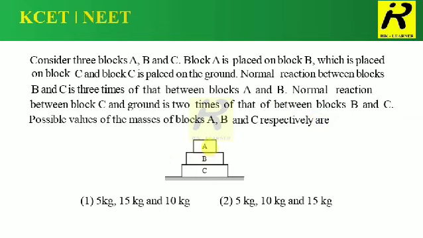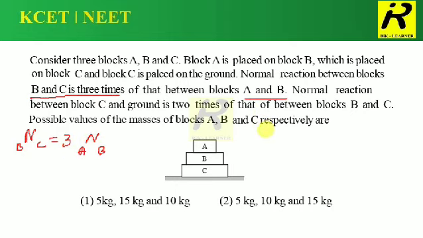Here is the corresponding picture, and now some clue has been given to us. That is normal reaction between blocks B and C, right? So blocks B and C is 3 times that between blocks A and B. So what can I write? Normal reaction between B and C is 3 times the normal reaction between A and B. So this is one thing.